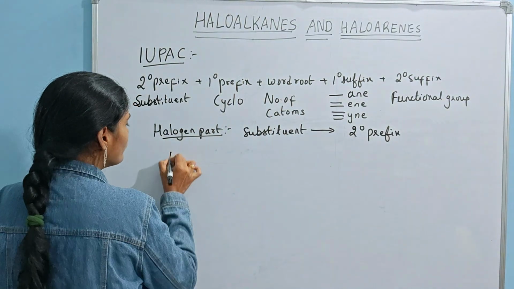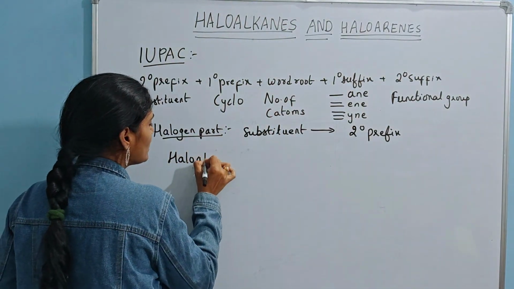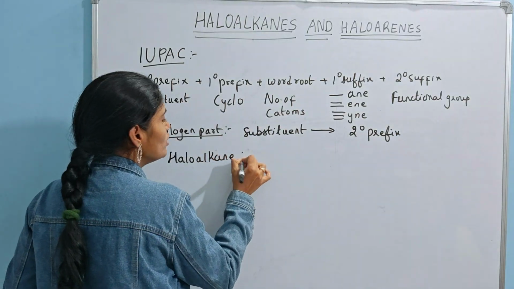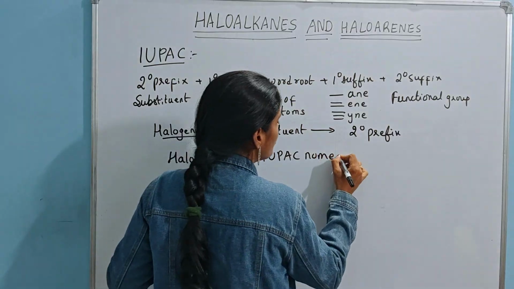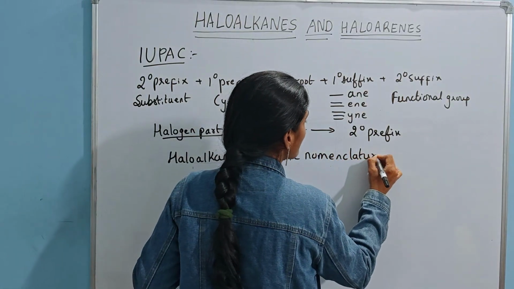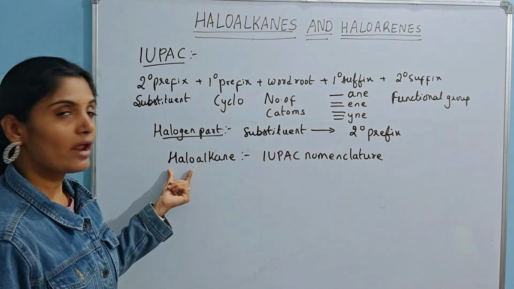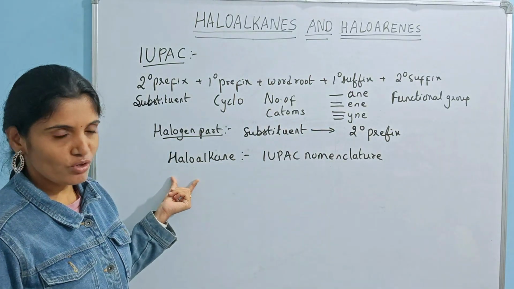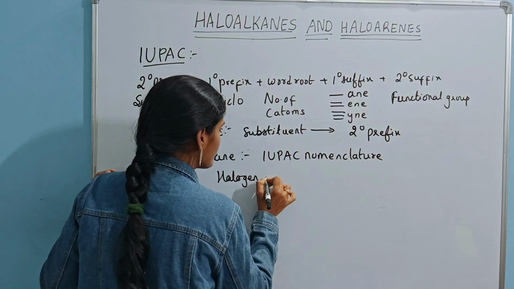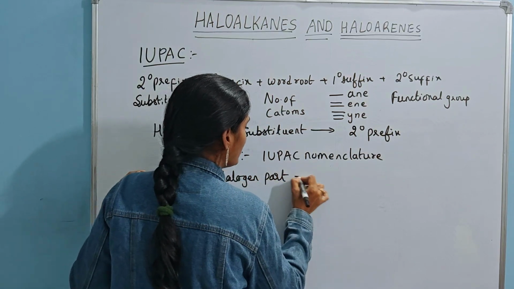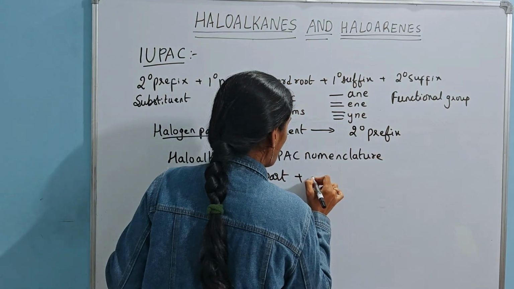Now, when you are naming your haloalkane, how will you write the IUPAC nomenclature? First you will write your halogen part, and then you will write your alkane part.